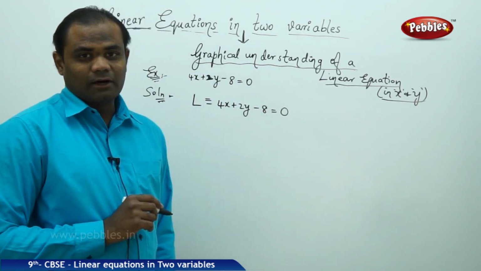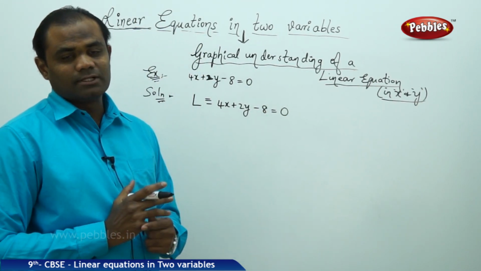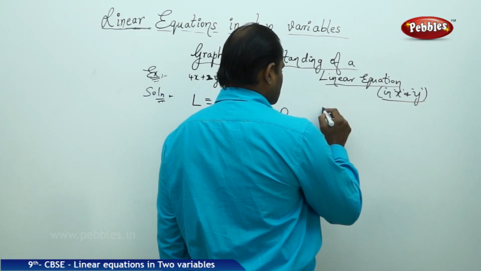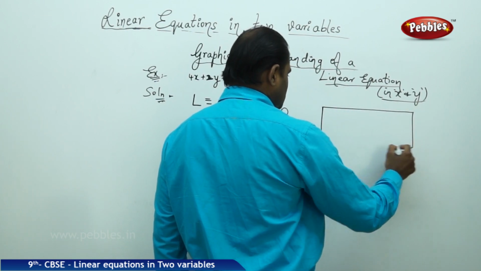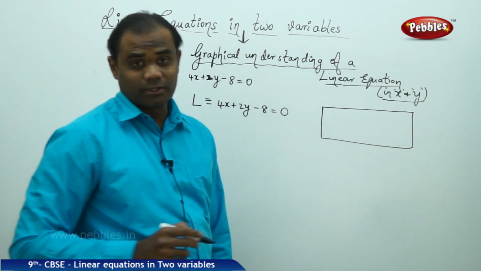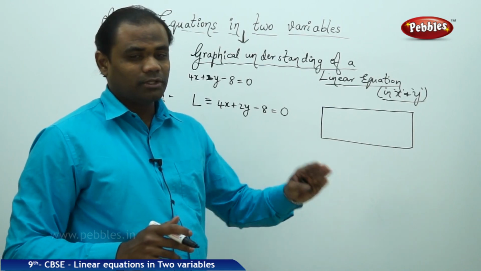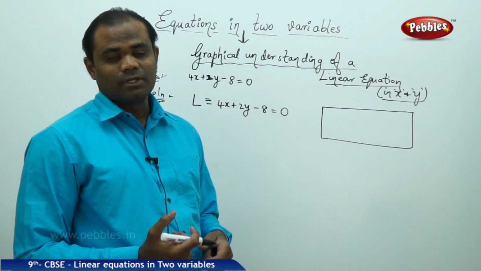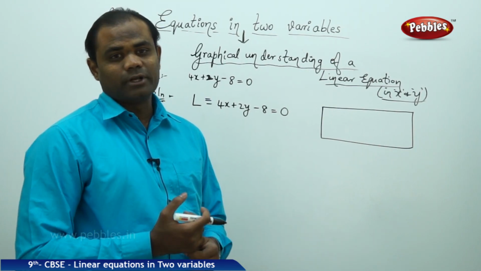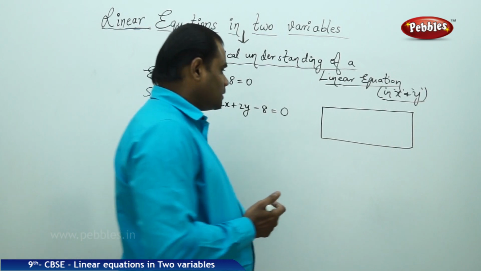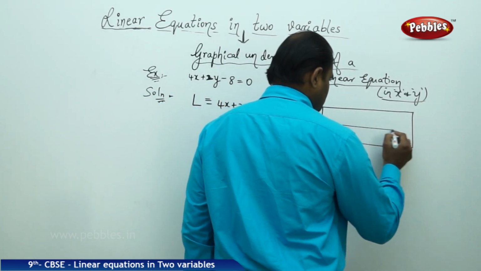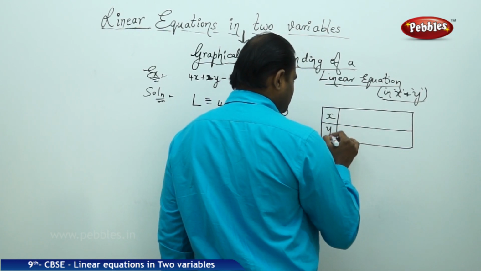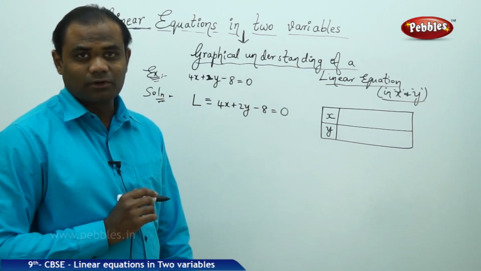Now this, when connected with graph, the first thing I do is consider the table of values. So when a linear equation is given, I take a set of values to graph the points. Once I plot the points, I join the points, and those points will define this equation. So let's see how we can identify the points to be plotted. For this, I take the variable x and the variable y in each of the rows.